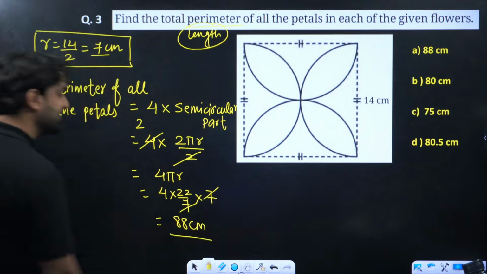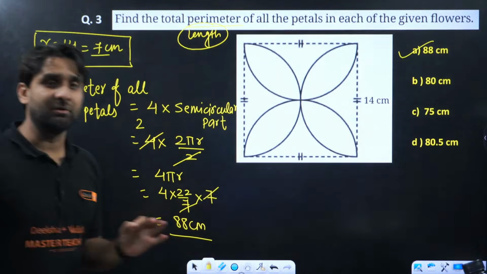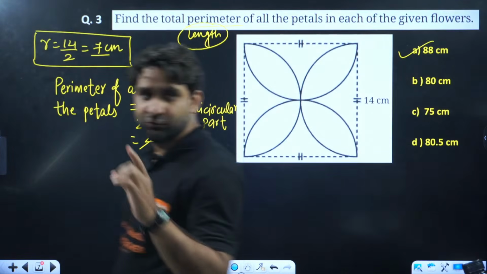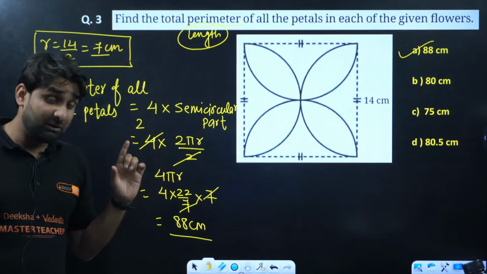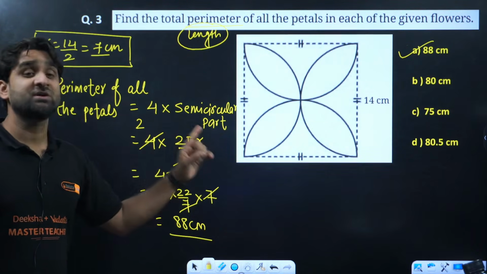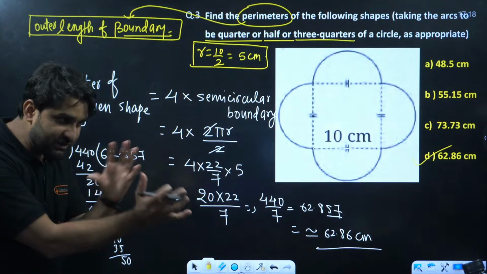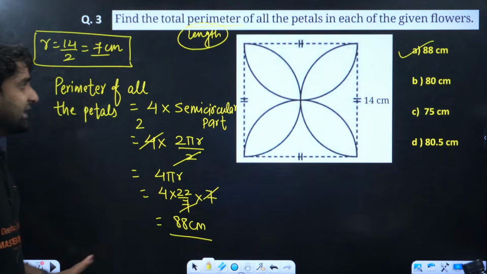Option number 1 will be correct. Clear everyone? Class 9 students, clear everyone? So the perimeter of the petals will be 88 centimeter. And let me tell you honestly, this question is exactly the same as the previous question, but the difference is of design, of structure. Okay, clear everyone?